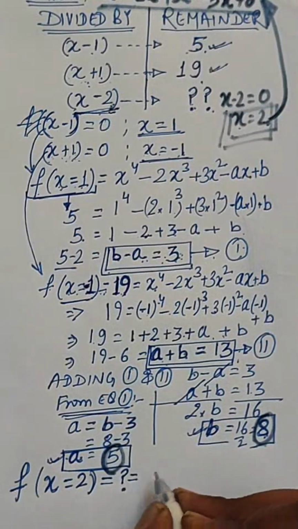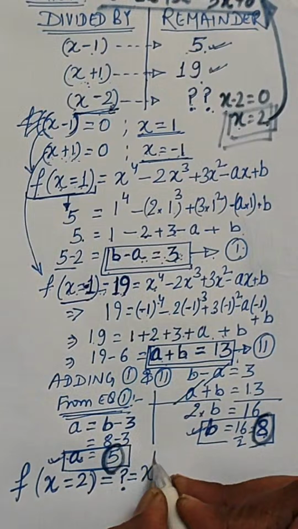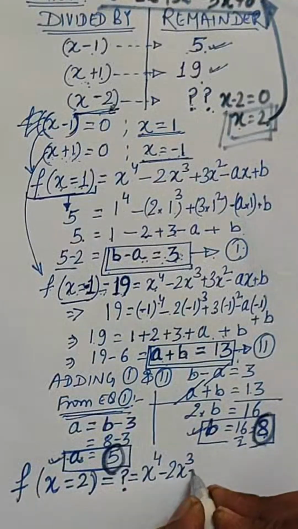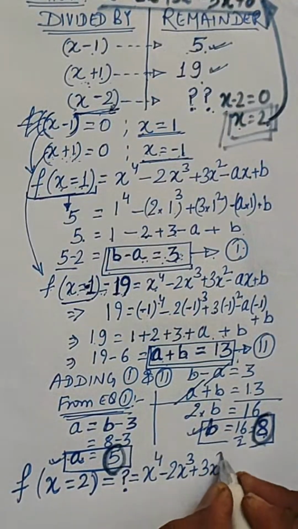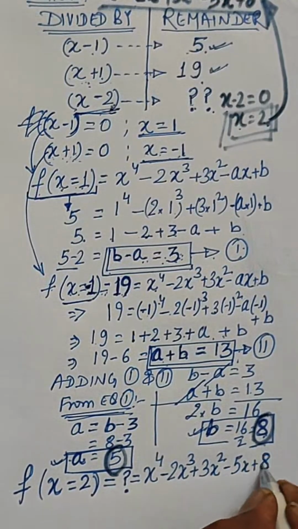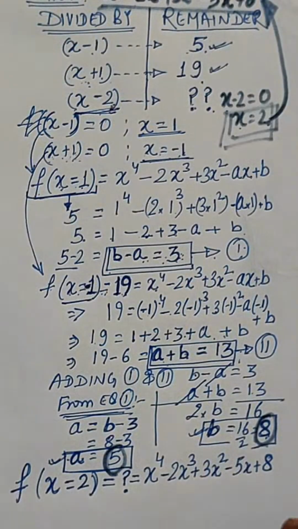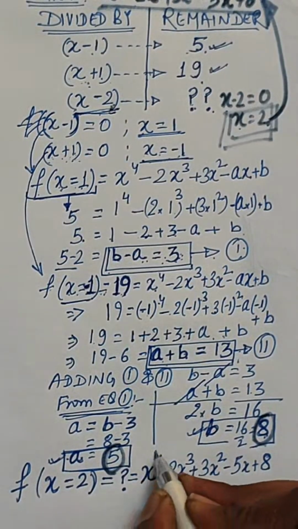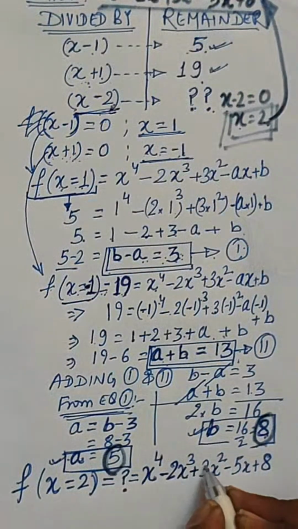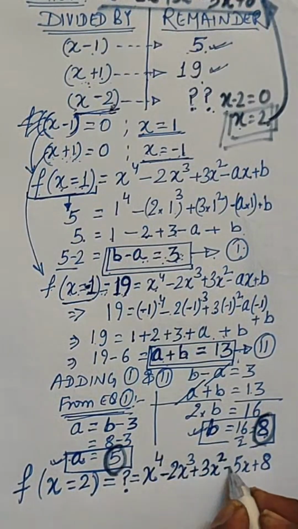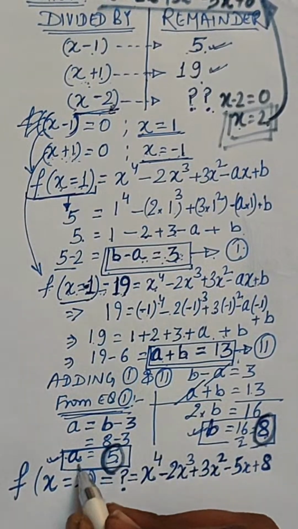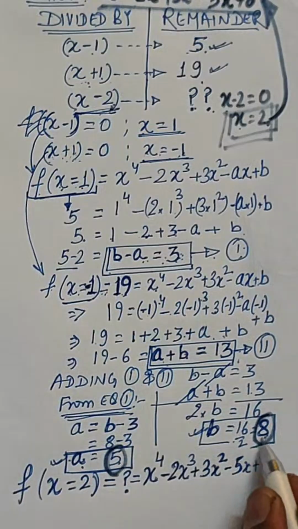It will be equal to x power 4 minus 2x cube plus 3x square minus 5x plus 8. This was our f of x, where 5 is the value of a and 8 is the value of b.